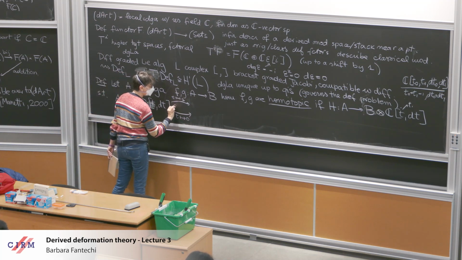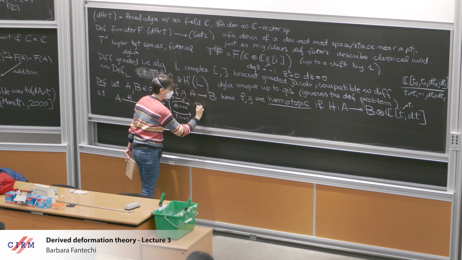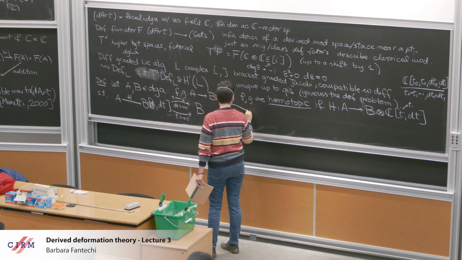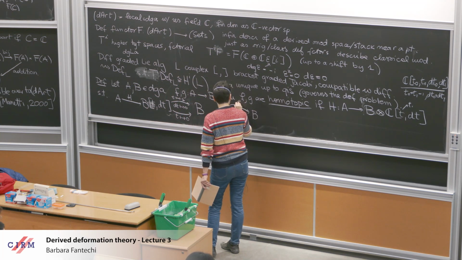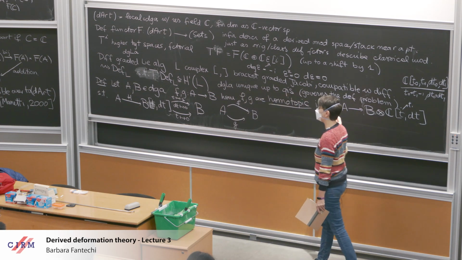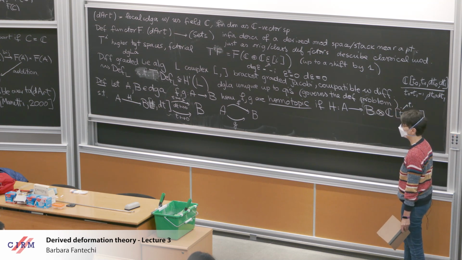In either case I map dt to 0, and I go to B, and I want that the two compositions are F and G. So they are really homotopic in the sense we described today.